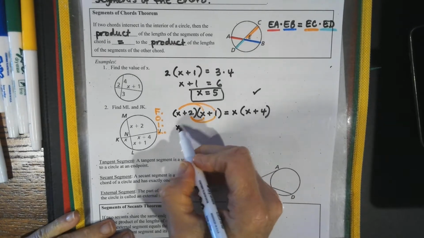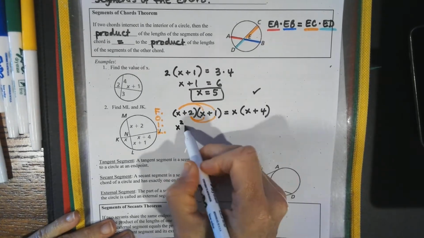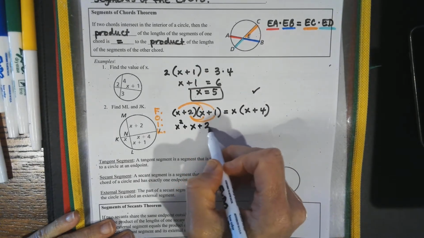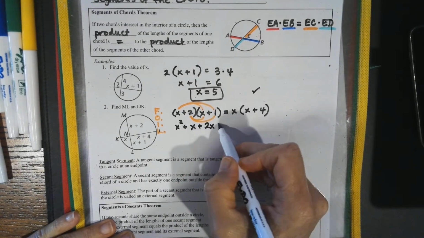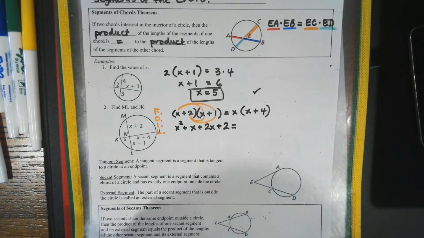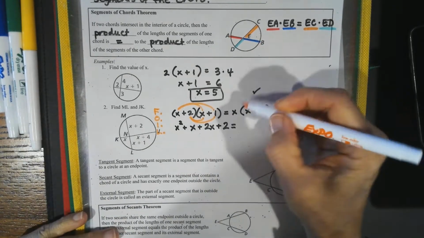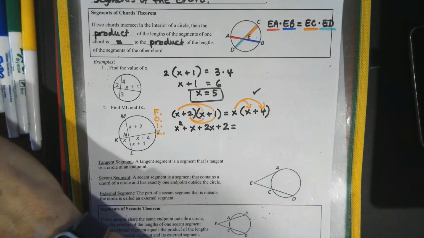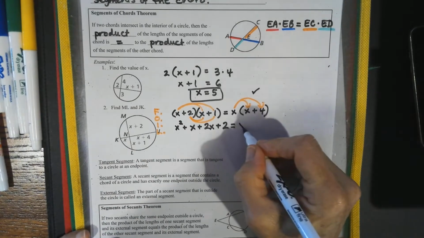So this will give you x squared plus 1x plus 2x, and then the last 2 is plus 2. And on this side, of course, it's just straight distribution. The x multiplies both things on the inside.